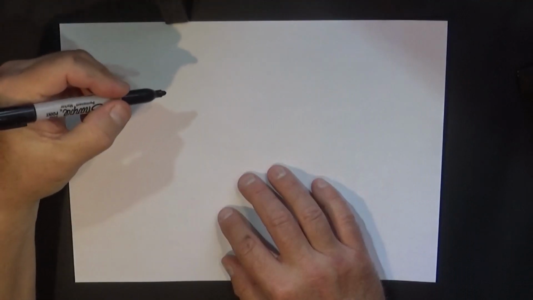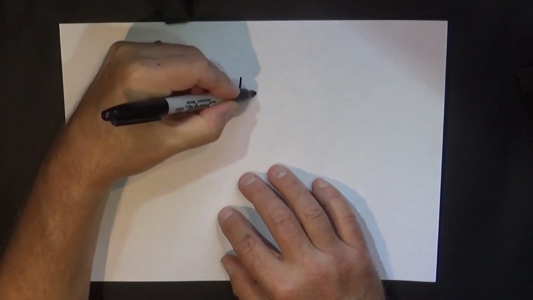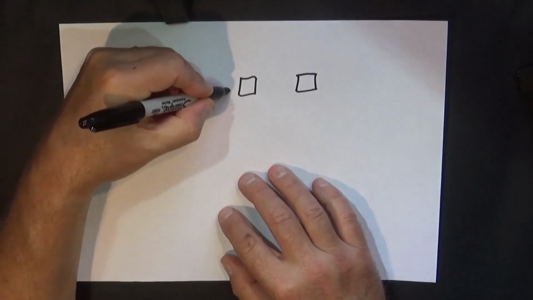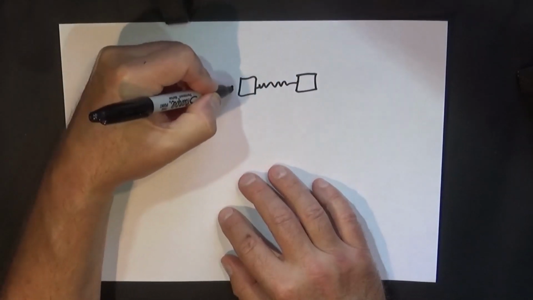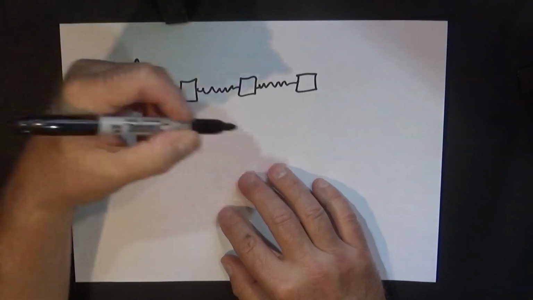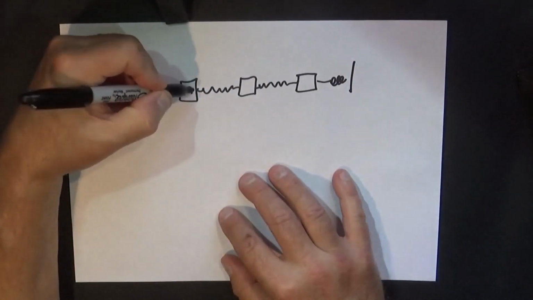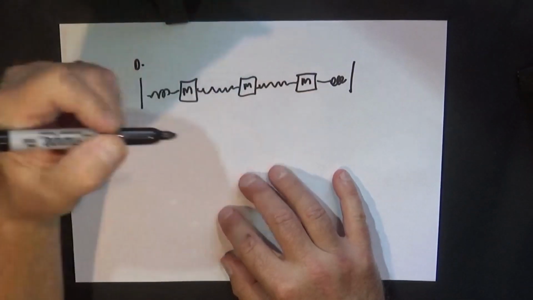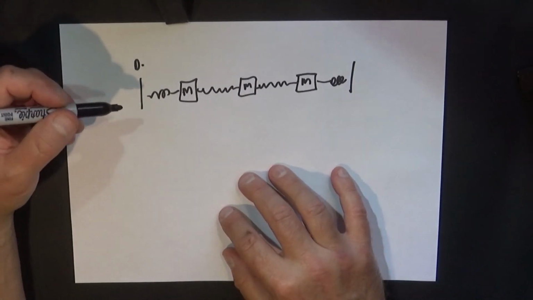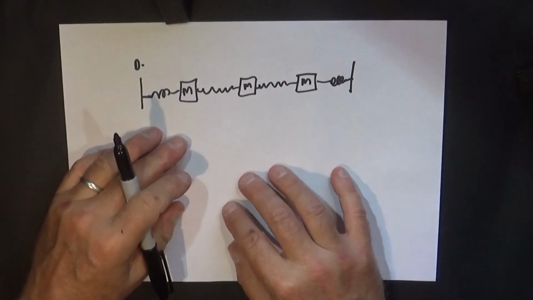Okay, so now let's consider 3 masses. It's not quite so obvious here what modes we're going to get.